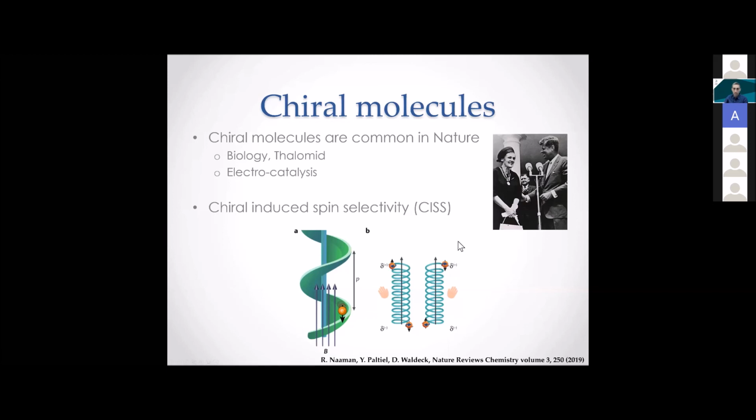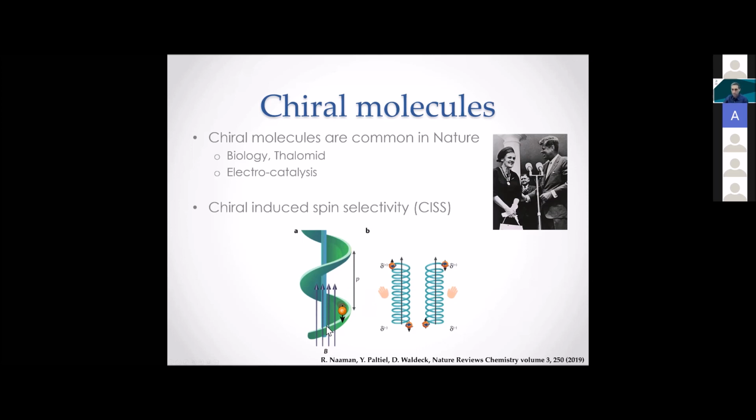Another effect that has been identified over the past several years is an effect related to spin transport along chiral structures, and specifically chiral molecules. That is the chiral-induced spin selectivity effect, in which there's transport dependence on the spin of the electrons passing through such a chiral structure, such a chiral molecule. Essentially there's a resulting spin filtering effect in which a certain spin of the electron passes efficiently through such a structure, as opposed to the reverse spin.